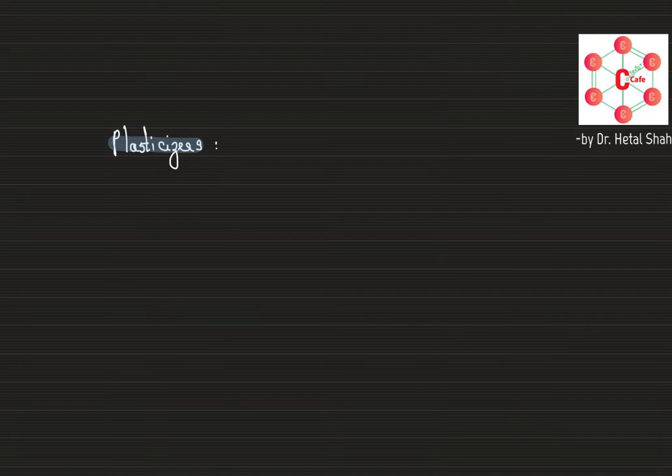These are the chemical substances which are generally added in order to make a thermoplastic more soft when it is heated.